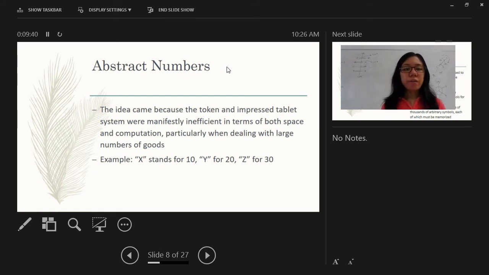But what if you have to measure 100 items? You must use 100 tokens too, and it's inconvenient. So they created abstract numbers, such as the letter X, which stands for 10 items, Y for 20, and Z for 30.